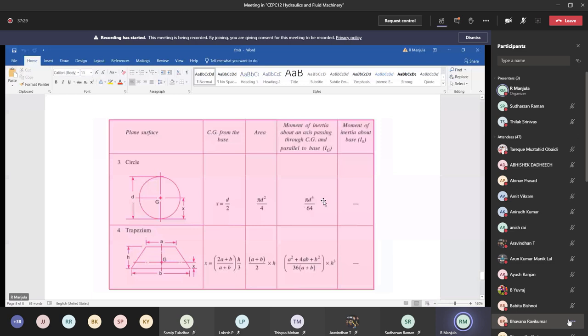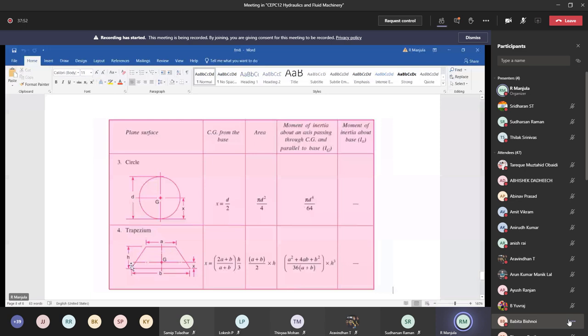Similarly, for the trapezium, with B, x and H, H is the height, small a and B are the top and bottom lengths of the trapezium. Then x is equal to (2a plus B) divided by (a plus B) into H by 3.